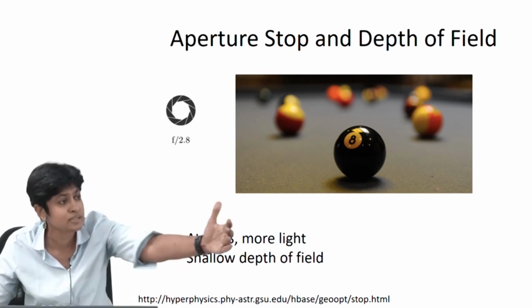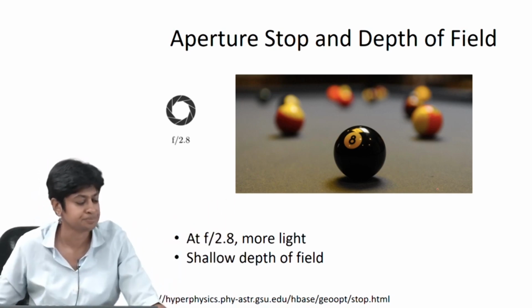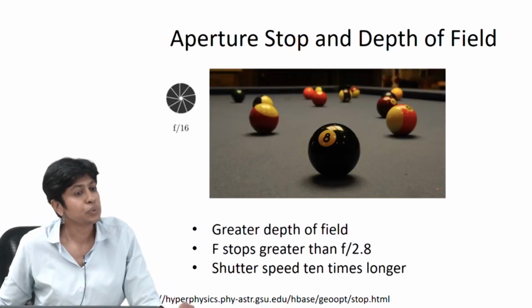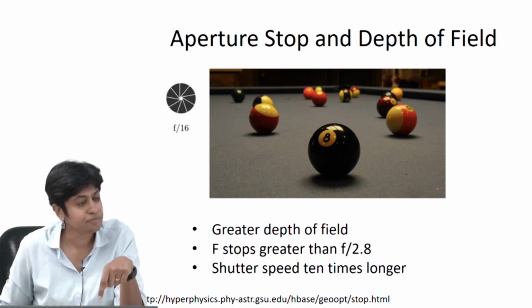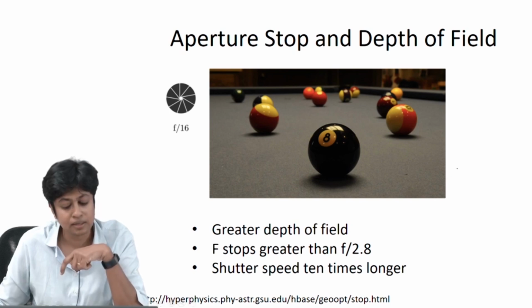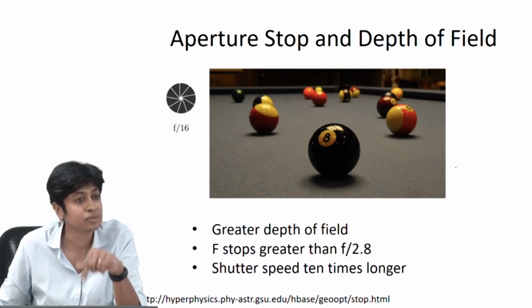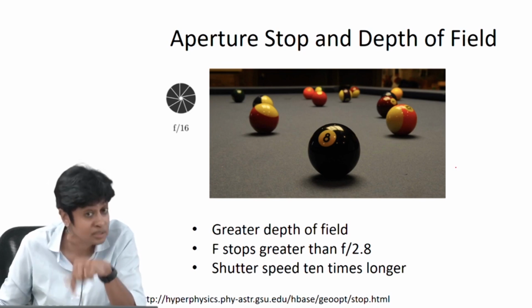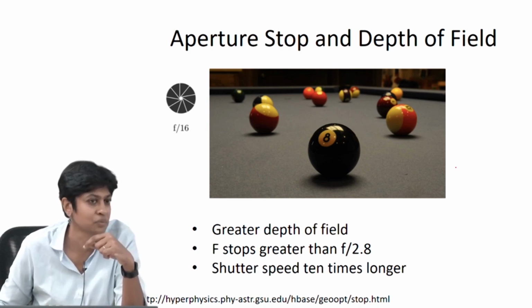This is the entire object that I want to image, this entire billiards table. You can stop down the camera setting, so you've gone now to f number 16, and now the whole field is in focus, right? But clearly whoever took this photograph had to take this one with a longer exposure time, because now the amount of light coming in was less, right?